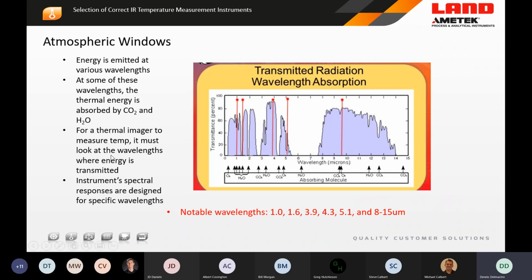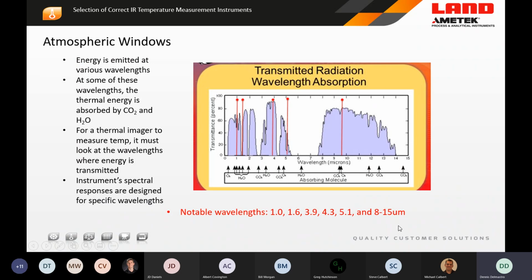So for a thermal imager to work, to measure temperature, we have to look at the wavelengths where the energy is at least partially being transmitted through the atmosphere. So instruments' spectral responses are designed for specific wavelengths where that energy is penetrating through.